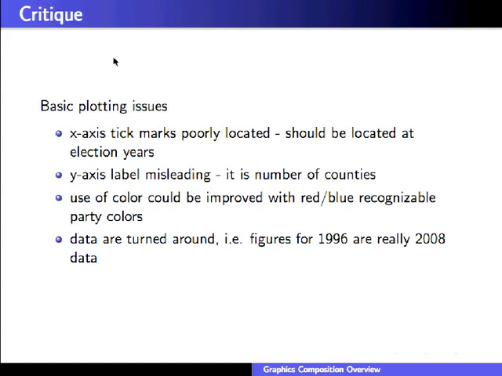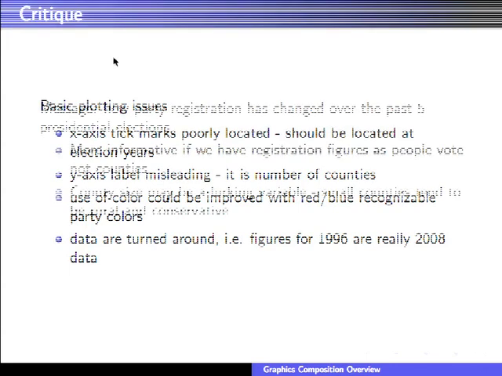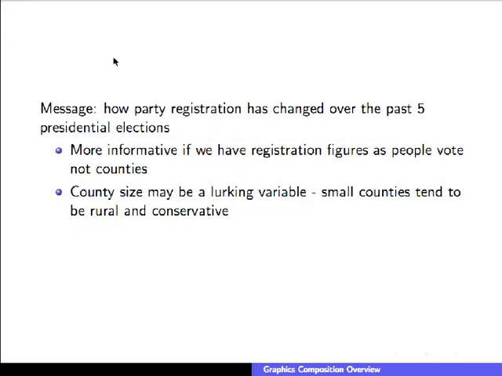It would be good, as someone suggested, to use recognizable colors for the two parties, and the data are turned around. So one important thing when you're looking at any plot is to ask, what's the message that's coming through to me from this plot?